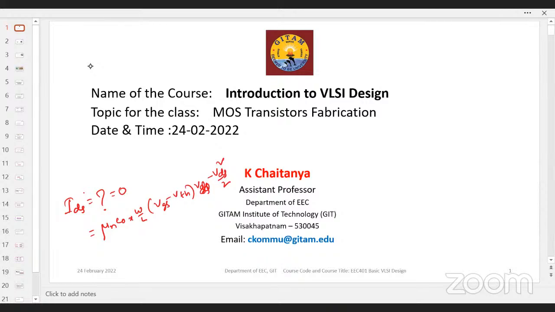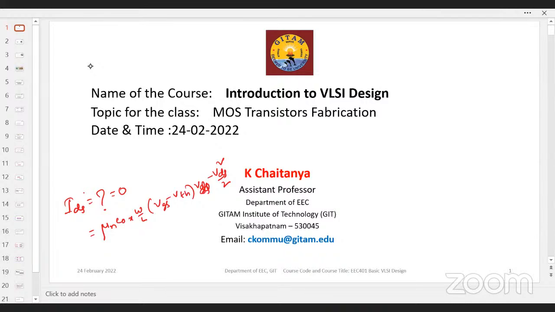So this is the linear mode of operation current equation, right? As we keep on increasing the VDS value, IDS also increases linearly. That's what we can observe about MOS transistor operation in the linear region.